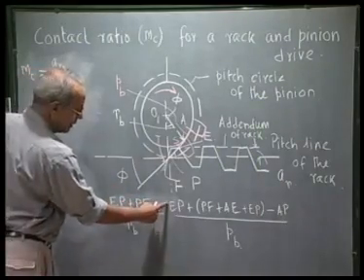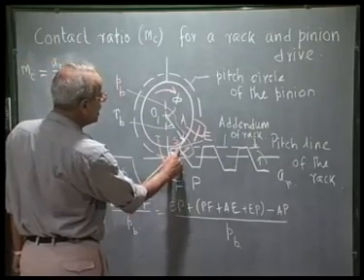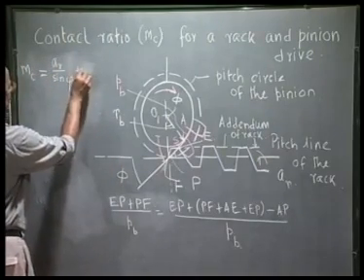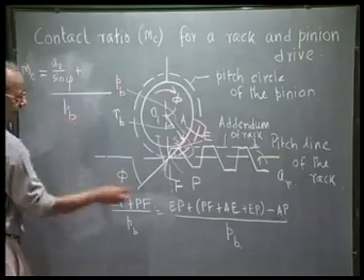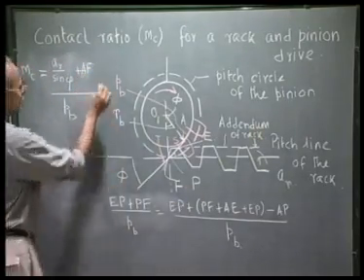This is EP, and PF plus EP plus AE is nothing but AF. Whole thing is divided by PB. This is AF and minus AP.